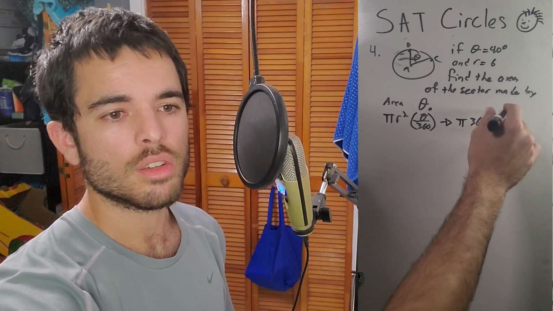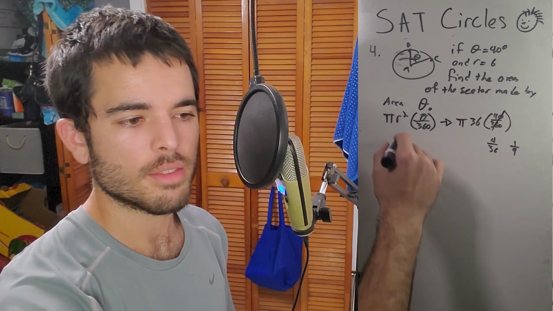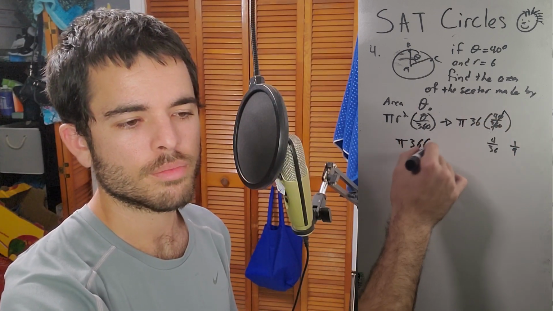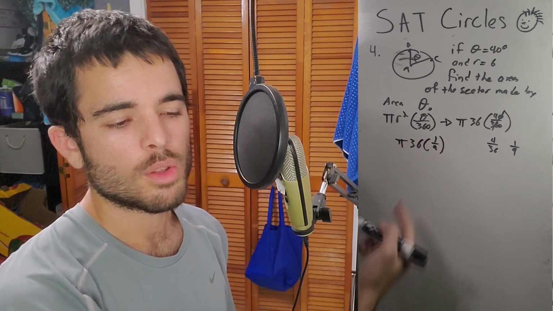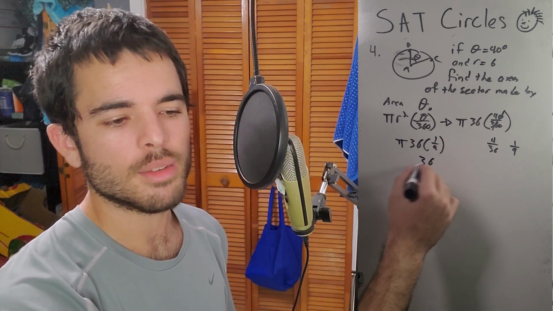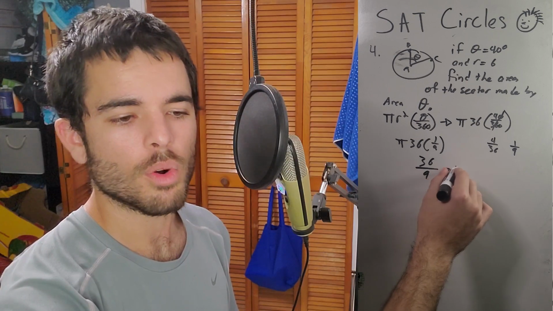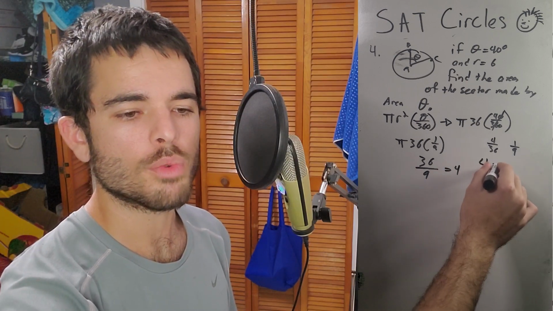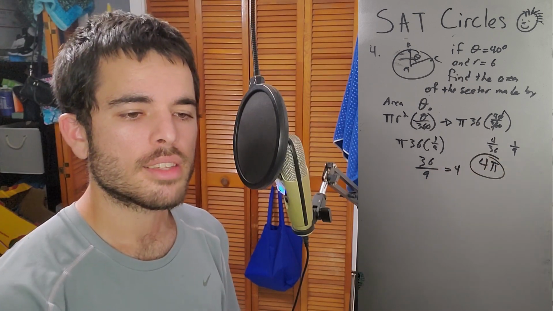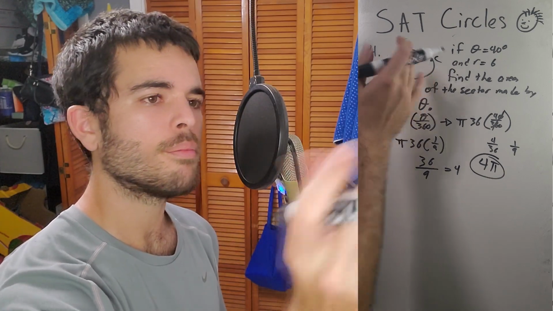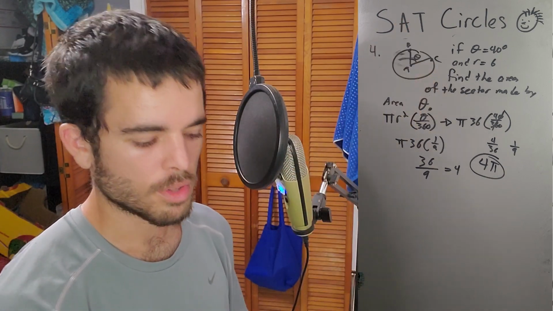So I could cancel out the 40 over 360 and put 1/9. Now the way to interpret this is 36 divided by 9, and we know that's 4. So my final answer is really just 4 pi. That's the area of the sector made by that central angle theta.